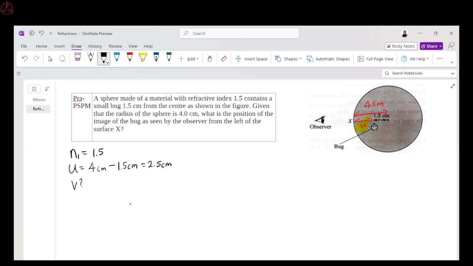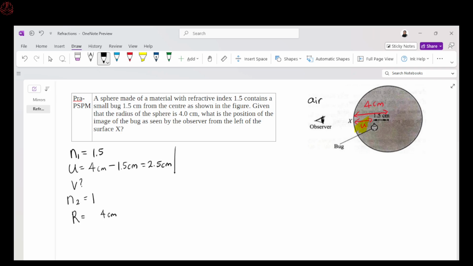Because the question doesn't say what is the refractive index of the observer, we will assume that the observer is in air, and air has a refractive index of 1. Air has a refractive index of 1, which means that n2 is 1 because the bug is not in the air. And the radius will have a magnitude of 4 centimeters, but now we have to determine whether it's positive or negative.